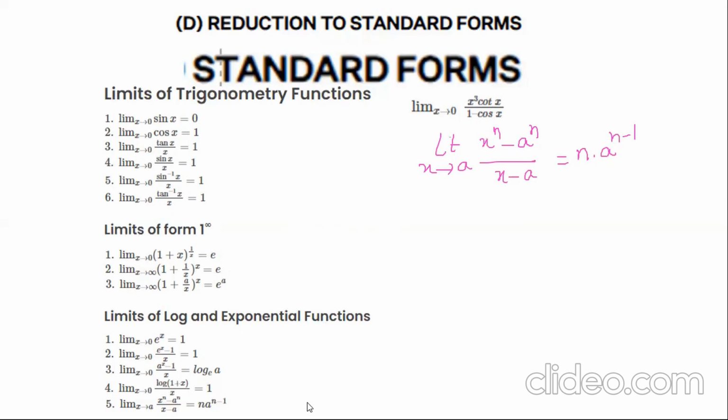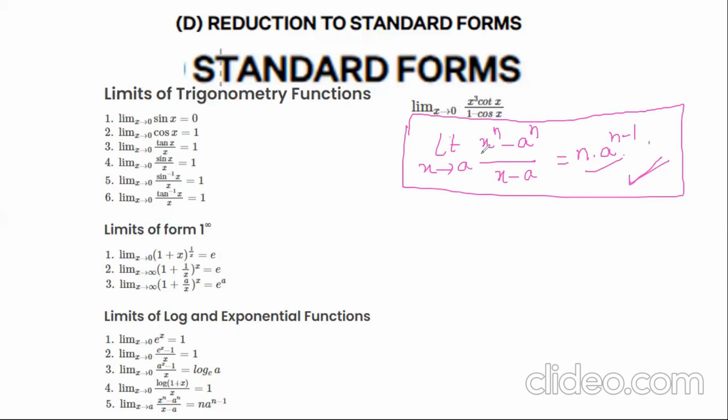This is very, very important. By using this, we are doing many, many problems. Wherever you see limit problems, wherever you go, this won't leave you. So limit x tends to a, (x power n minus a power n) by (x minus a) is equal to n into a power n minus 1.